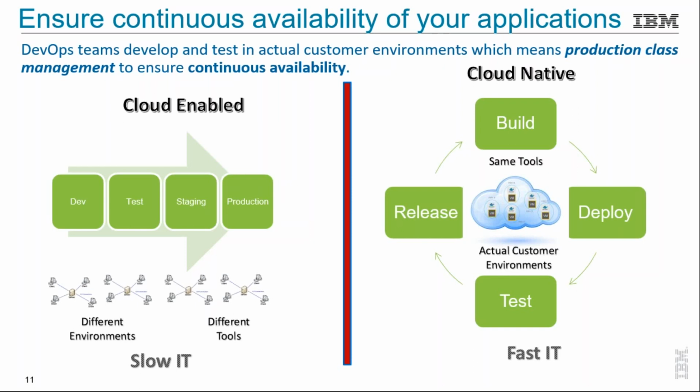And what that ensures is this context called continuous availability, and we'll talk about it, is the idea that you want to ensure that the application is always available at all times. Now the key here is this is what we call fast IT. This is your agile IT. So we want to get you to that agile model where you're not releasing one every 3 months or 6 months, you're releasing one every week.